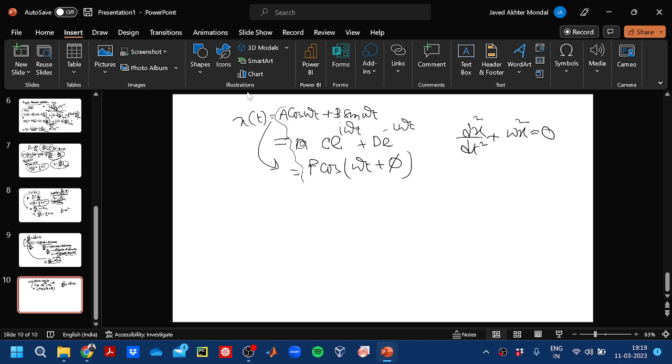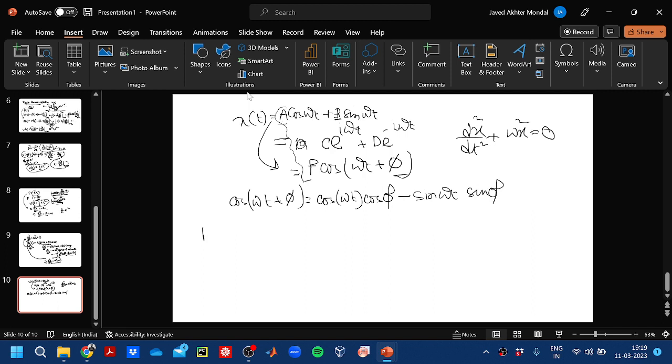Now what is the relation between these coefficients and p and phi? There has to be some relation, so let us find out. This cosine of omega t plus phi, we can write as cosine of omega t into cosine of phi minus sine of omega t sine of phi.